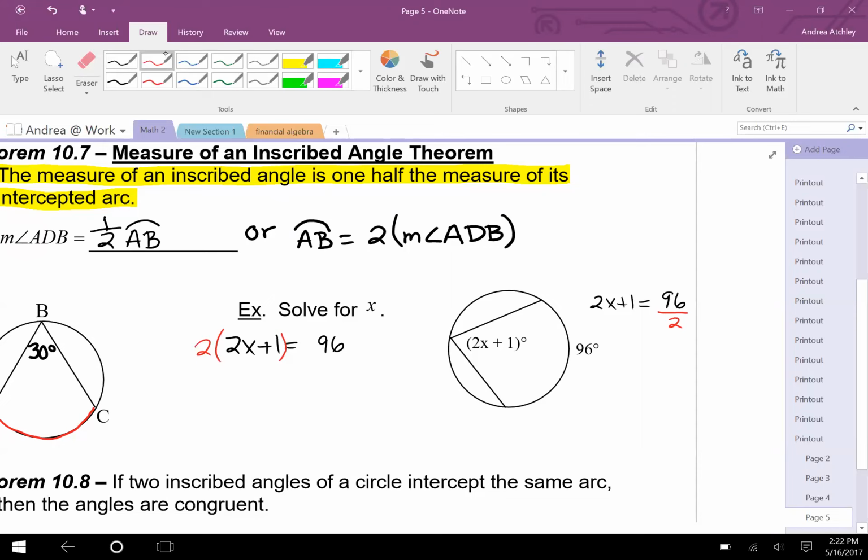So we're going to solve this one. We're going to do both of them. So 2x times 2 is 4x, plus 2 times 1 is 2. And we'll subtract that 2.